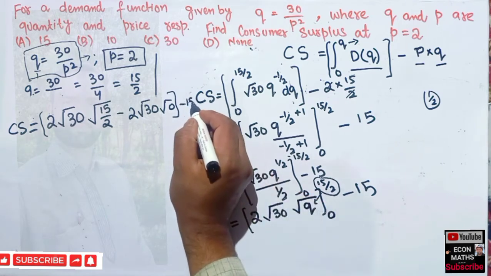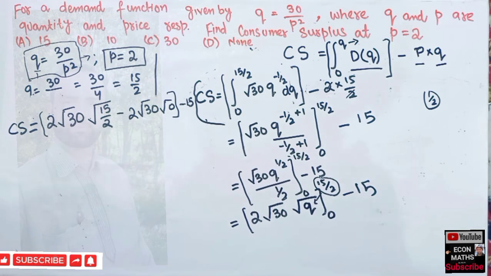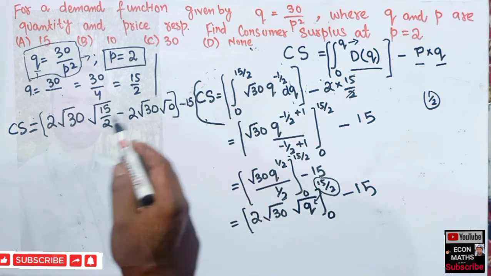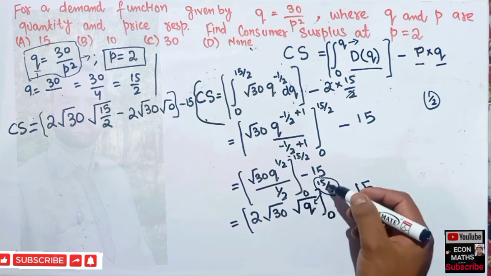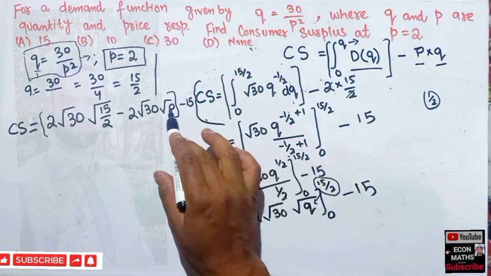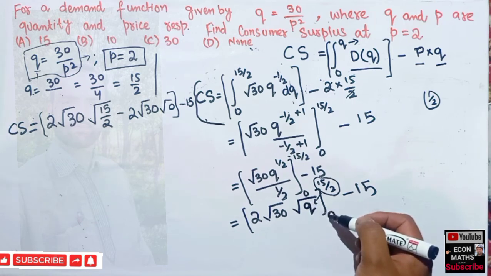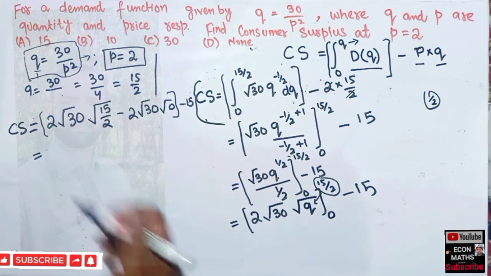I will write here 15. I know it gets messy here, but to make sure I am imparting the right thing to you, I will just take the upper limit first, that is q is equal to 15 divided by 2 minus the value of q is equal to 0. Okay, now here it comes.